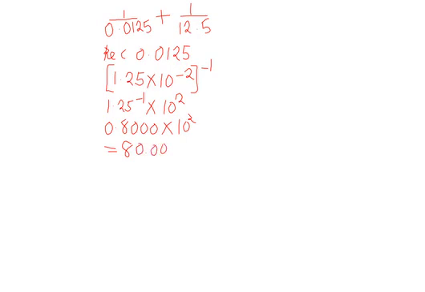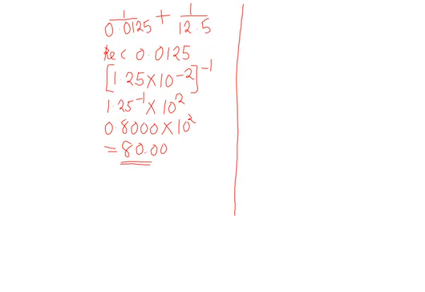We move the decimal point 2 times to the right, and that is the reciprocal of 0.0125.